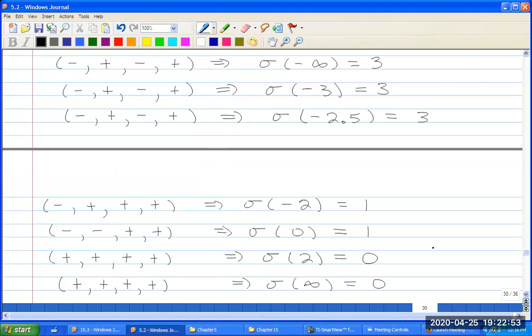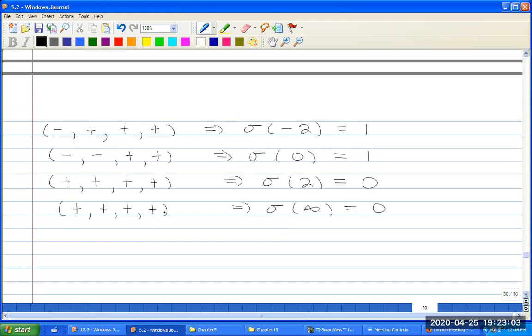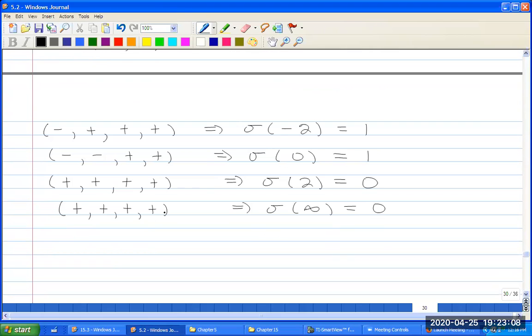Oh, I did minus, no, minus plus plus plus. That's 1. Yes, it is. Okay, so this is kind of weird, but that's life. So that means there are no real roots between negative infinity and negative 3.